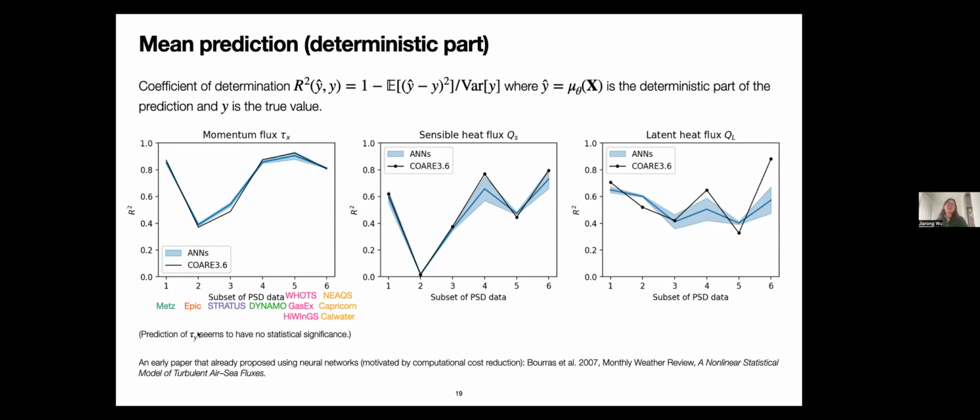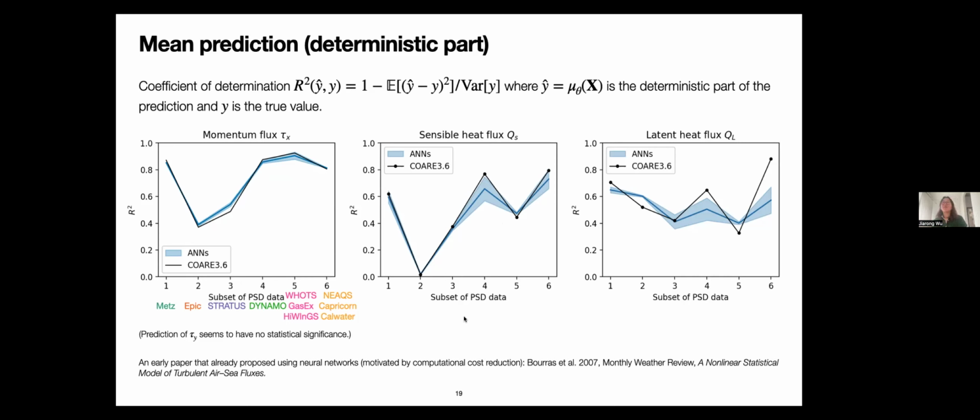Again, you see that the ANN and the bulk have similar predictive power over all datasets, with the ANN potentially having less fluctuation between subsets. And also, when the bulk does poorly, the ANN does too.